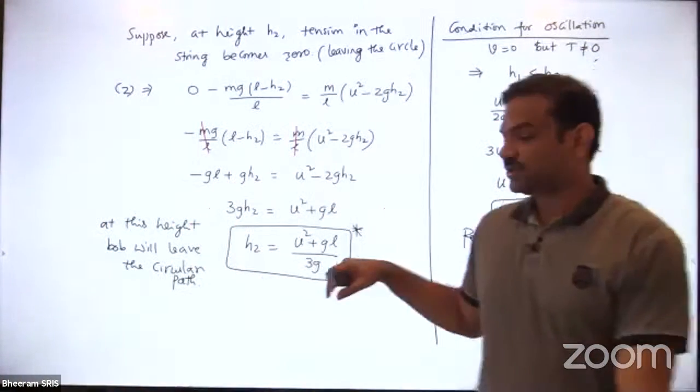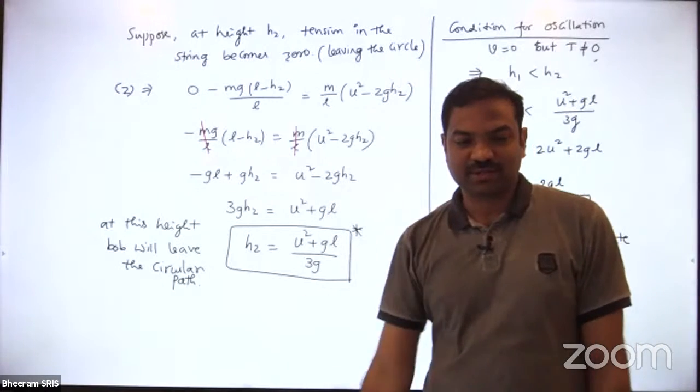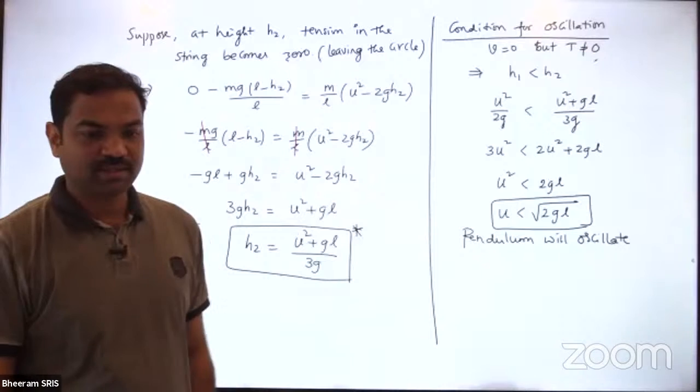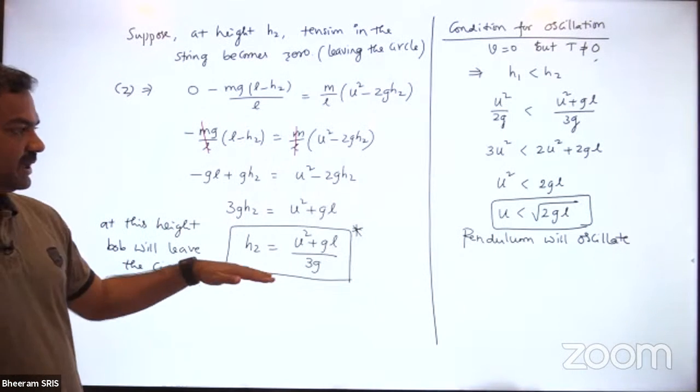Write down till H2 and you try for the H1, H2 logics: condition for oscillation and condition for leaving the circular path. Write down till here.